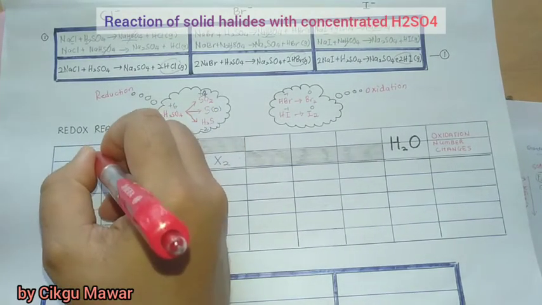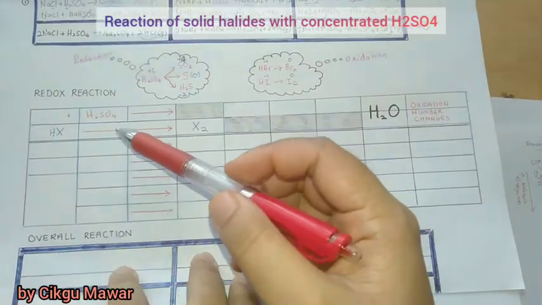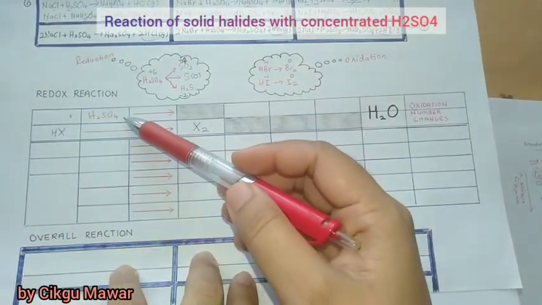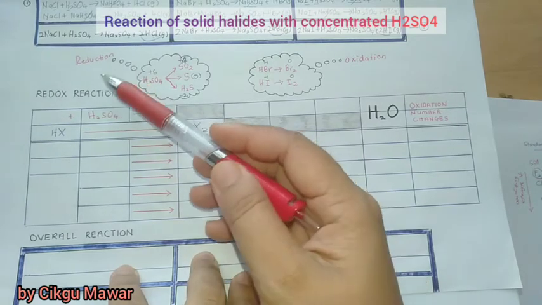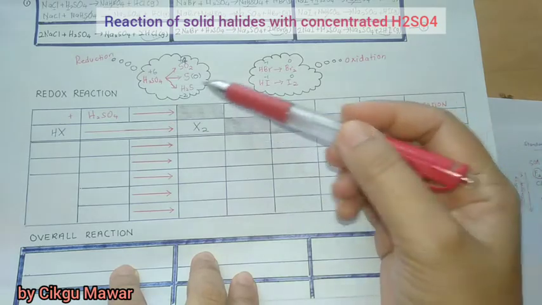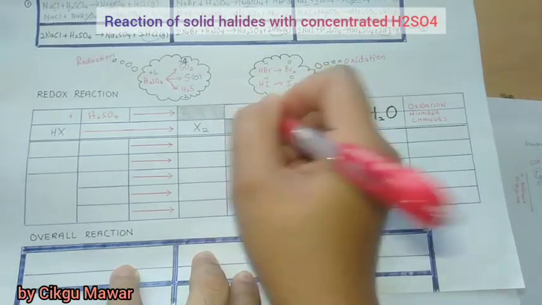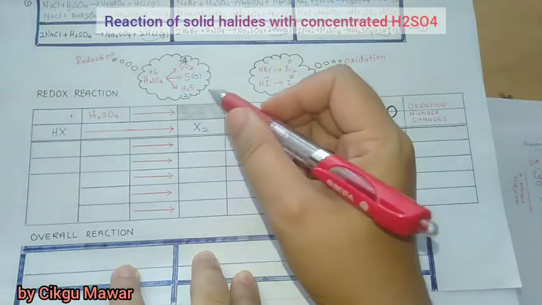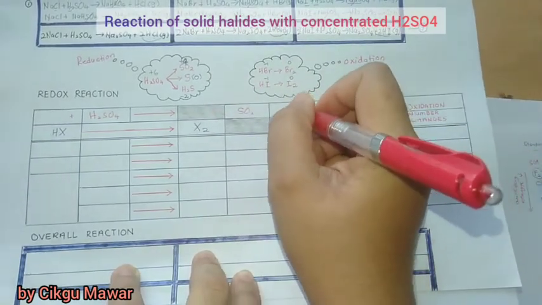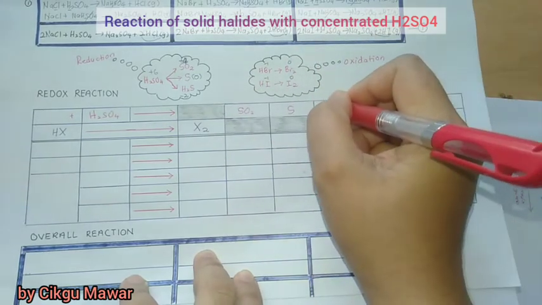Okay, so we will react both. From this redox reaction, sulfuric acid undergoes reduction, so it will be reduced to either sulfur dioxide, or sulfur itself, or hydrogen sulfide.